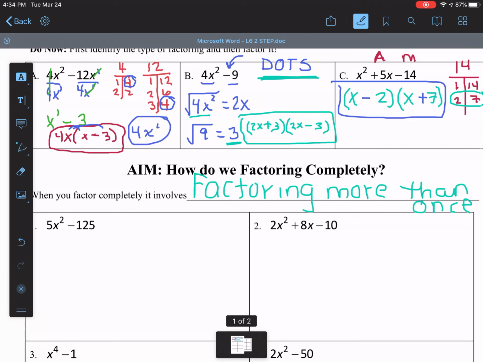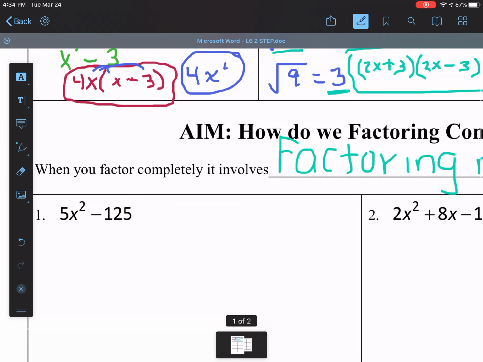All right, so again, the first kind of factoring we always check for no matter what is GCF. So let's take a look at number 1. We've got 5x squared minus 125. Let's think about our factors of 5: 1 and 5.